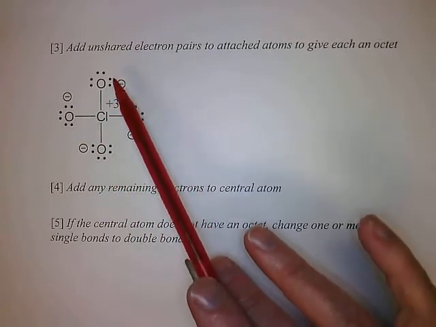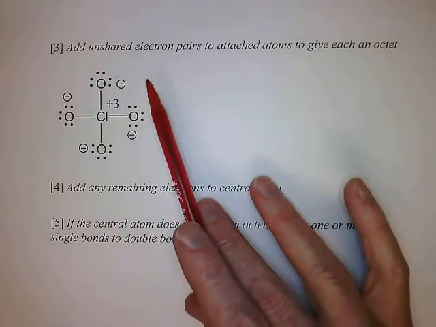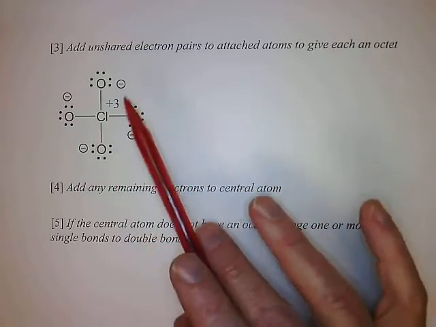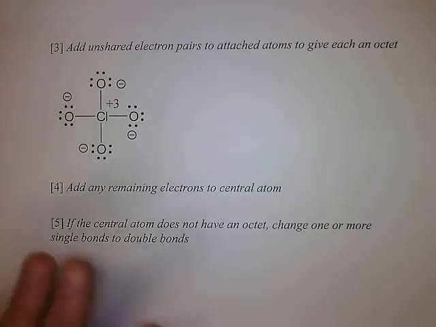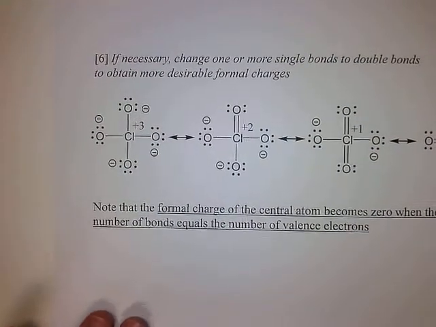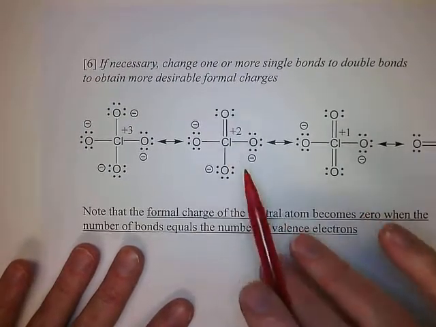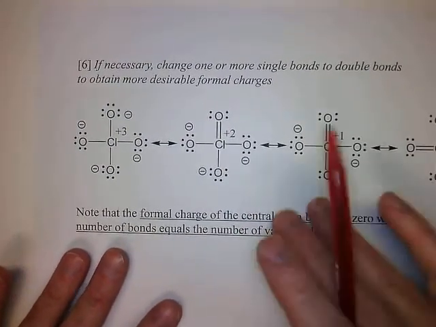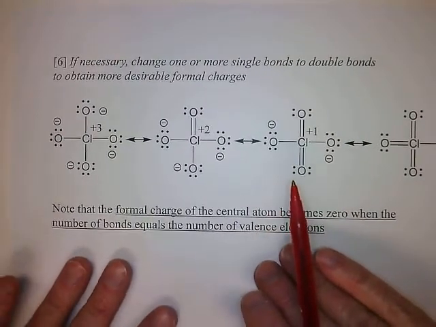And also, we have a formal charge on every single atom in the structure, which is not really good. So let's look at our last rule here: if necessary, we change one or more single bonds to double bonds to obtain more desirable formal charges.